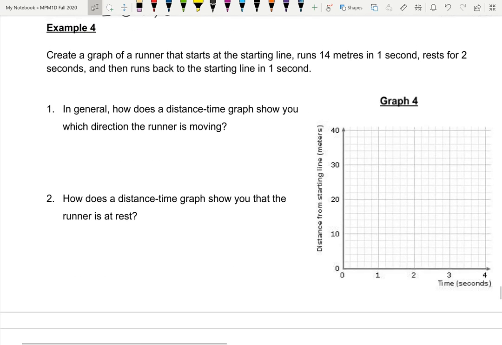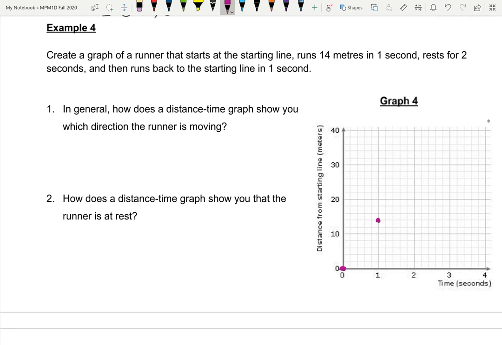Example 4. Create a graph of a runner that starts at the starting line, runs 14 meters in 1 second. So in 1 second, they've run 14 meters, rests for 2 seconds.